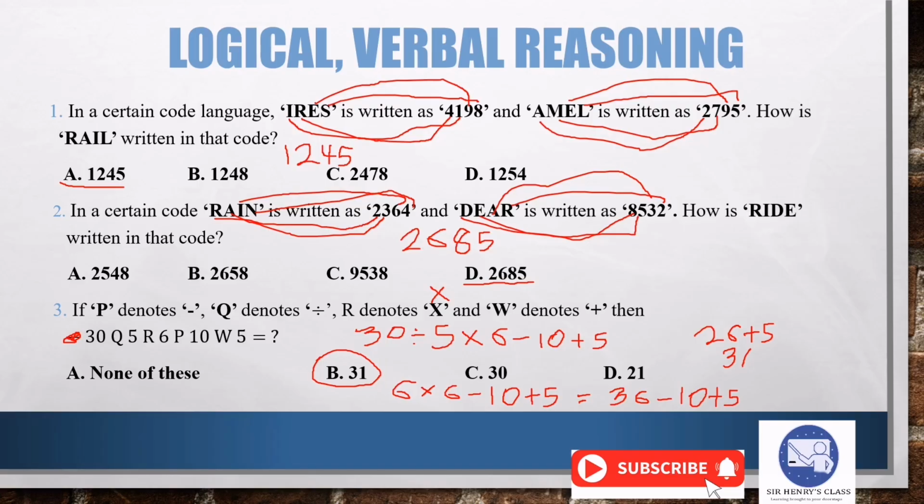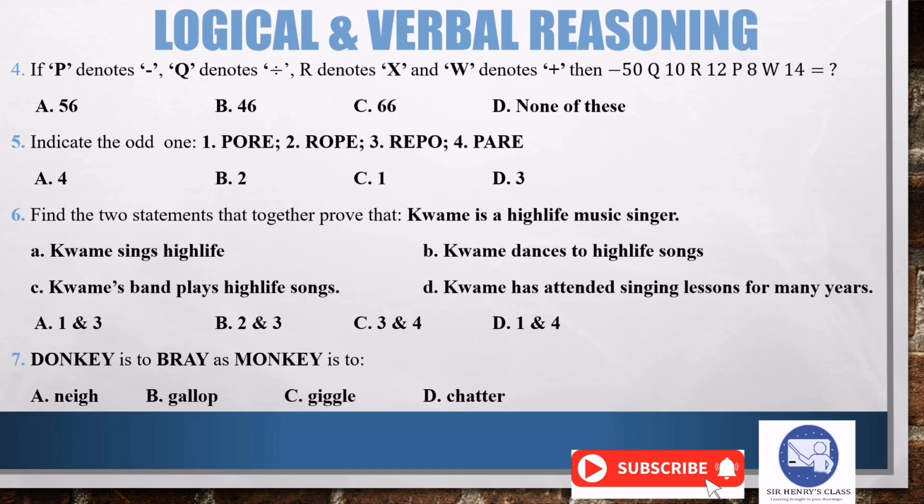So now let's go to the next question, question number 4. Similar question. P denotes minus, Q denotes division, R denotes times, not X, W denotes addition. Then we have to find 50 Q 10 R 12 P 8 W 14.